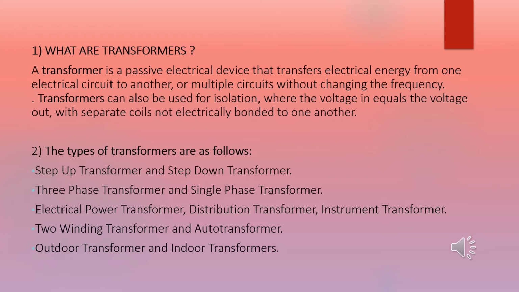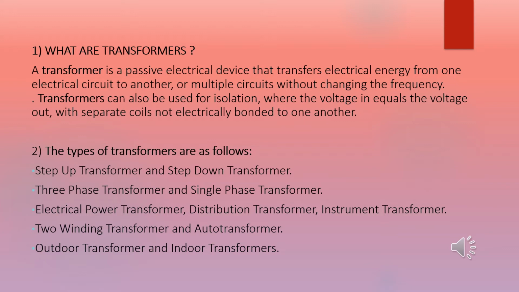In a step down transformer, the value of the output voltage will be less than the value of the input voltage. Example, if you are giving 420 volts as the input, you can step it down to whatever minimum value you require.